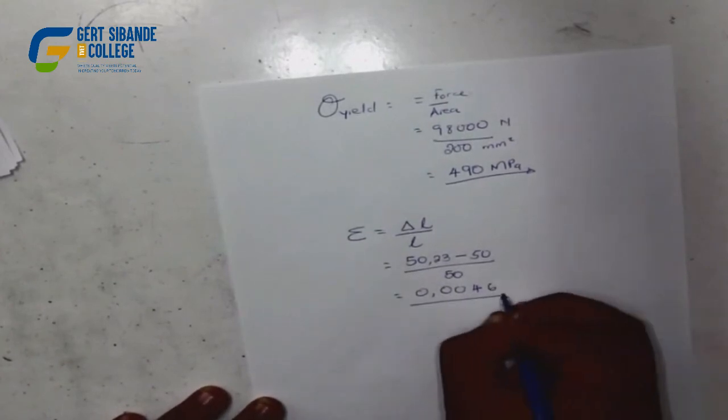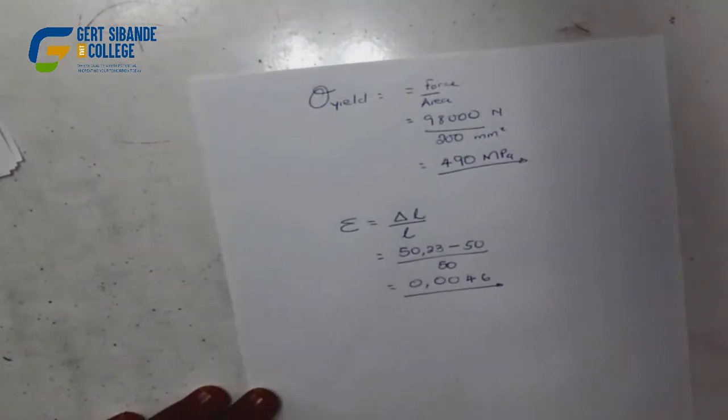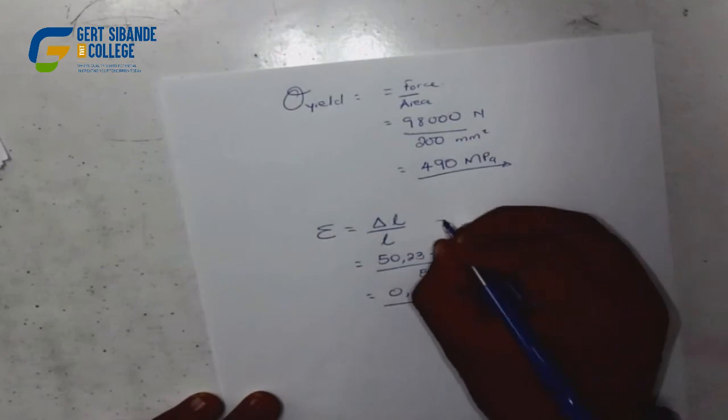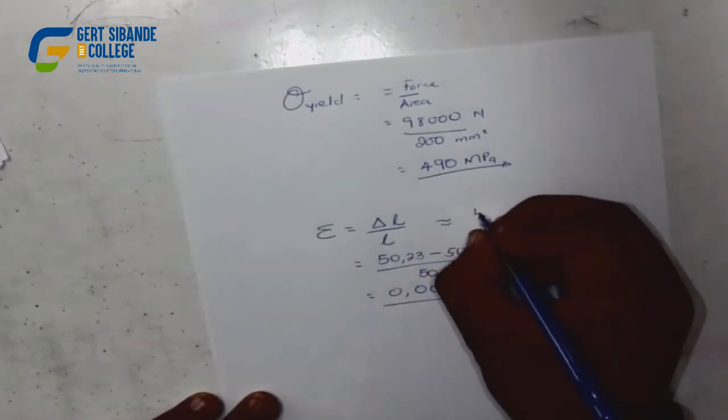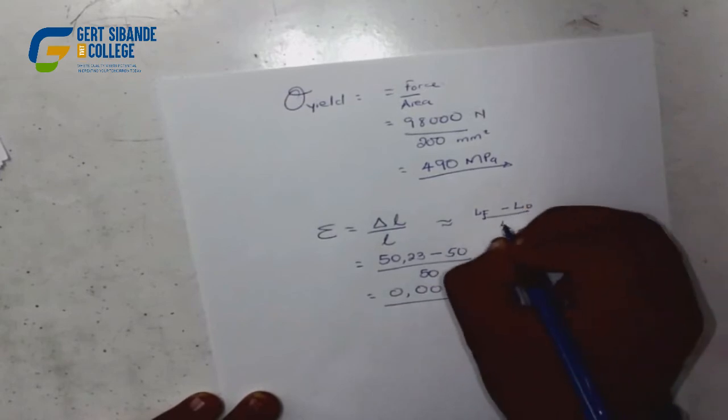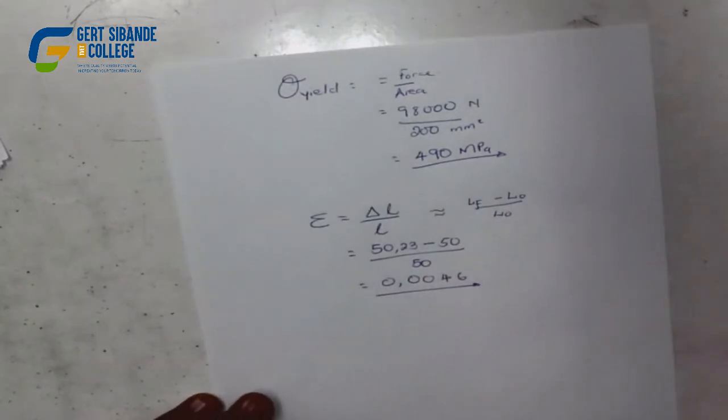There is no SI unit, it is unitless. The formula is equivalent to the final length minus the original length, all divided by the original length.